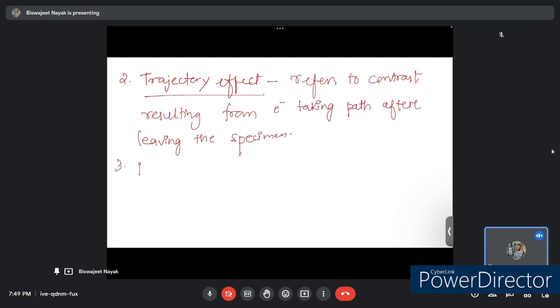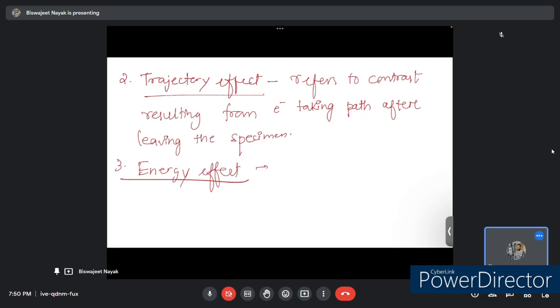Third, the energy effect. So here the contrast is carried by a certain portion of the backscattered electron distribution, whatever it may be, backscattered electron or secondary electron distribution.